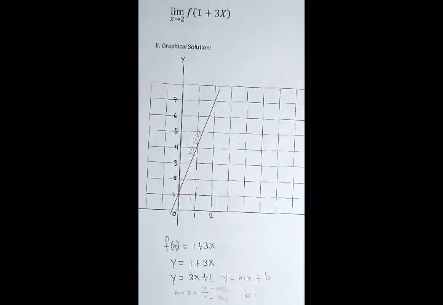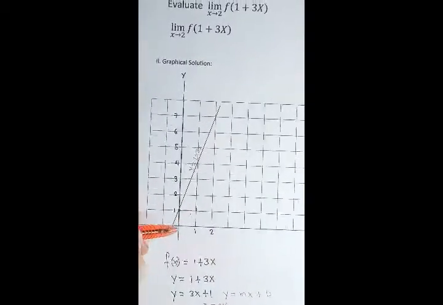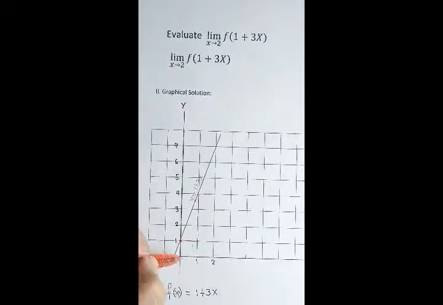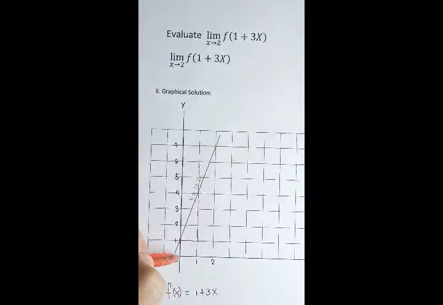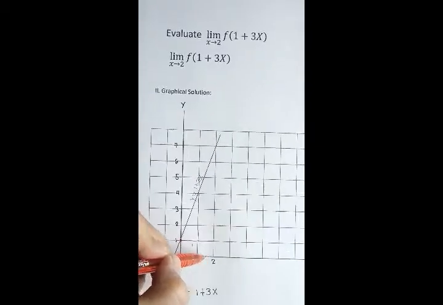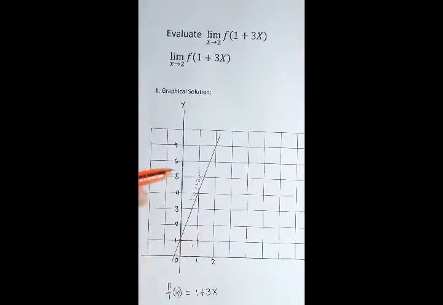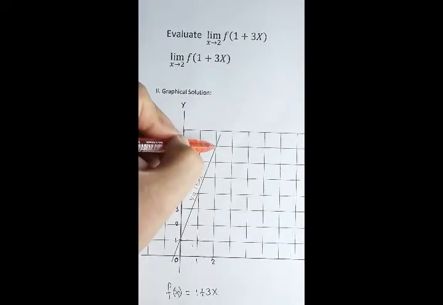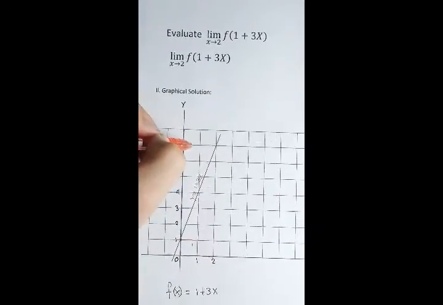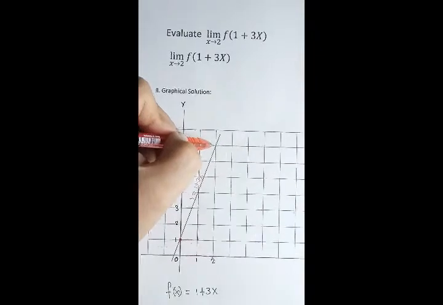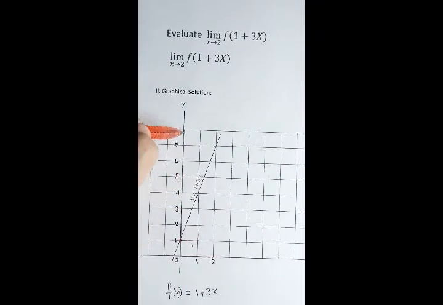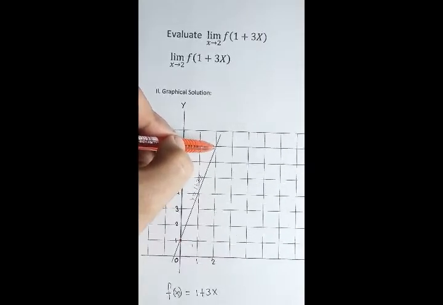And then by inspection, as x approaches 2, along the x-axis, our y is approaching 7. So as x approaches 2, the limit of y is 7.